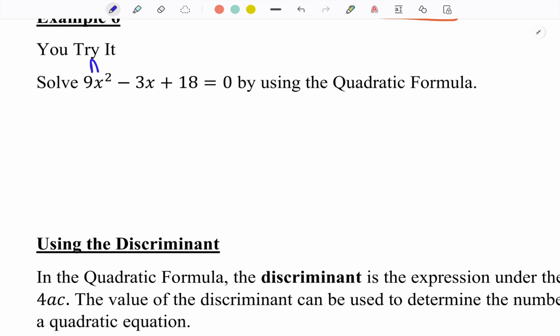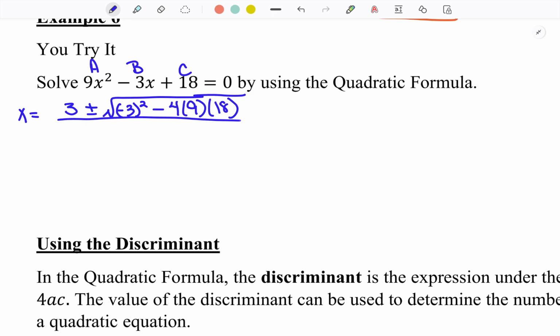All right, so we have 9 is A, -3 is B, 18 is C. So we are going to have -3, actually +3, plus or minus the square root of -3 squared minus 4 times 9 times 18 all over 2 times 9.